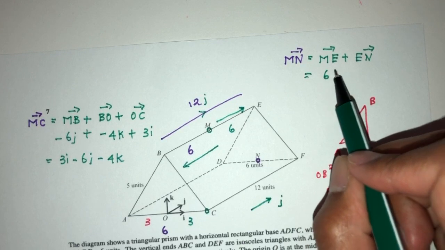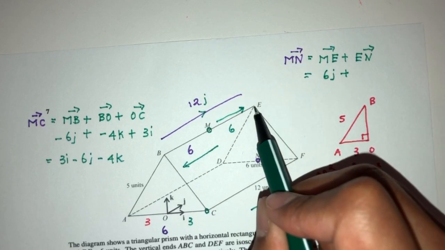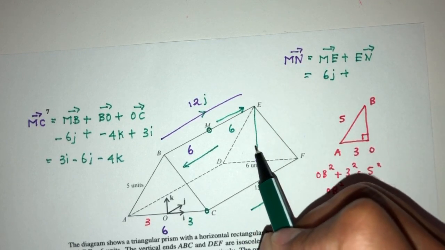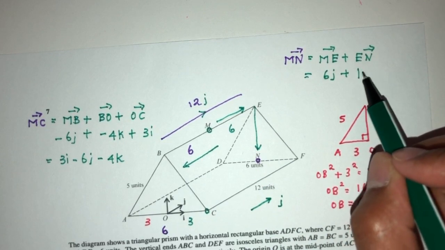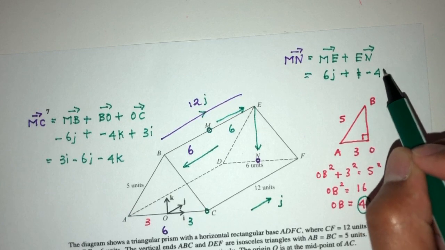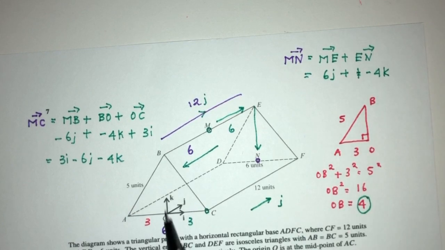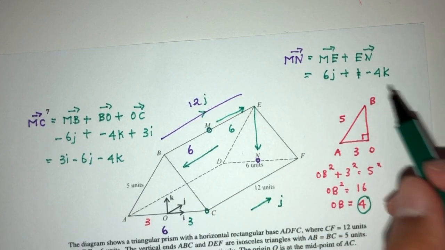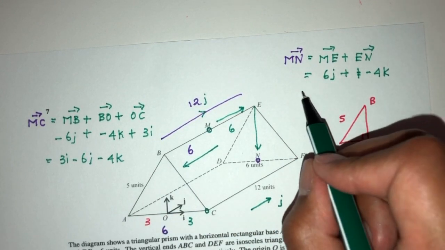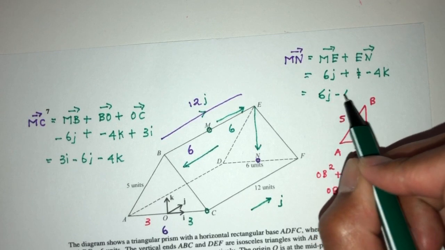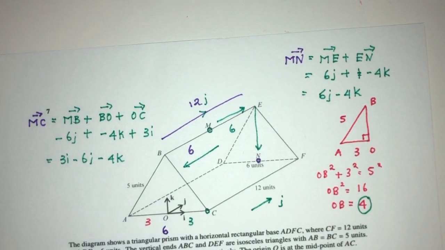That will be 6j, and then plus E going down to N. That should be minus 4k, because as we have seen here, going up will be positive, going down will be minus. The length here is 4, same. So that will be 6j minus 4k. These are the two vectors we need to find for part 2 of the question.